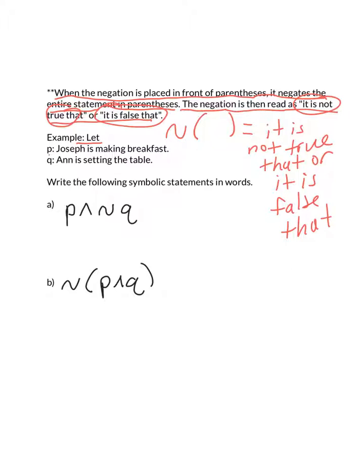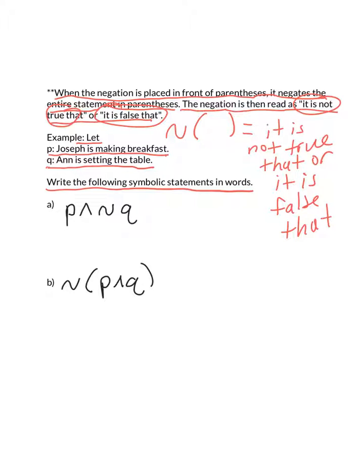It says let P represent that Joseph is making breakfast. Let Q represent that Anne is setting the table. Write the following symbolic statements in words. So we're going backwards for a change. They're giving us the math symbols, and our mission is to translate that into the English wording. I'll do it in blue.